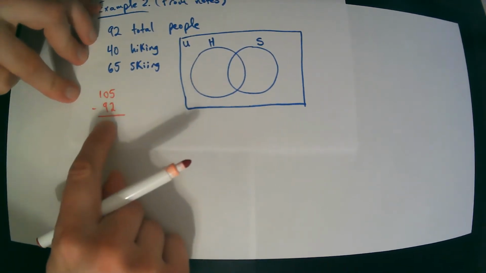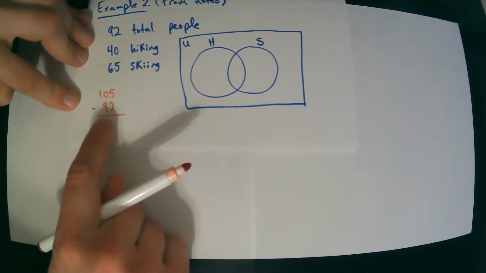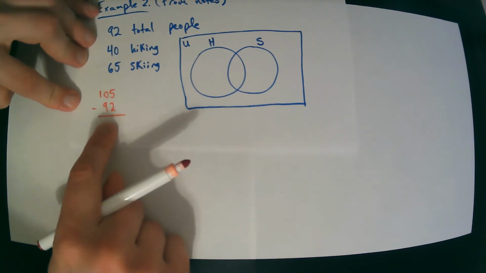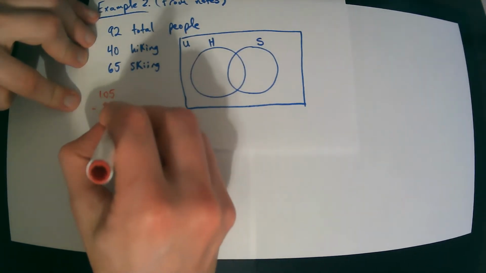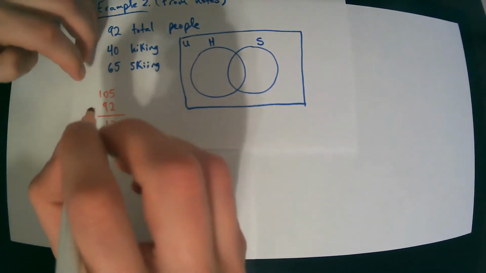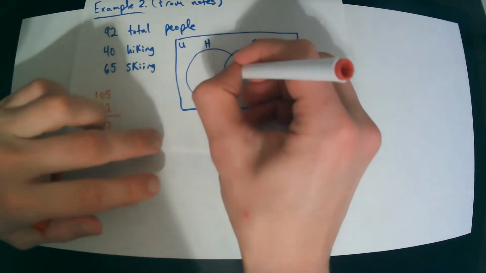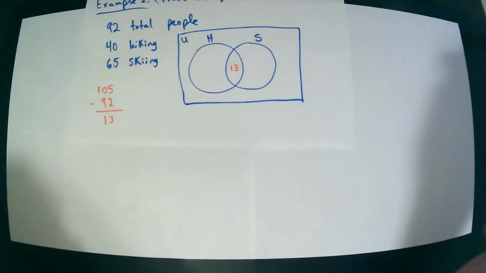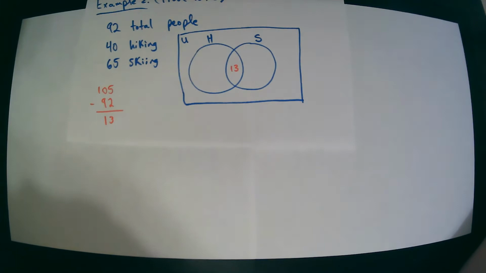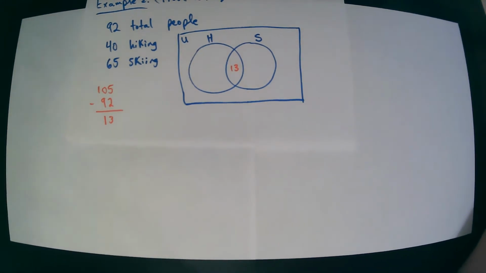And this number will be how many must have done both activities. So we can subtract here, and we'll get 13. This is the number of people that did both activities. So that's all we need to do here. And now, that actually is what the question is asking, so at this point we would be done.